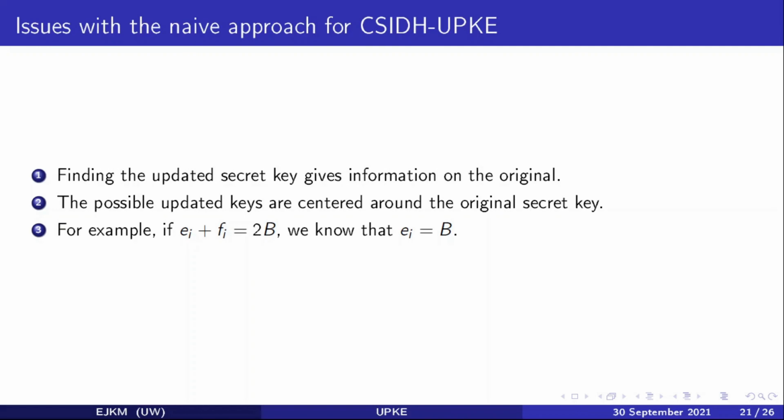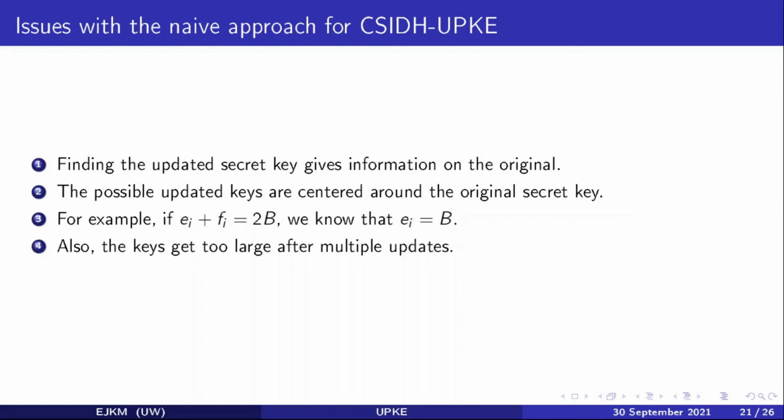For example, if we found out that the updated key had one component equal to 2b, this would guarantee that the original key had a component equal to b. Also, after multiple updates, the keys become much too large for any reasonable computation.